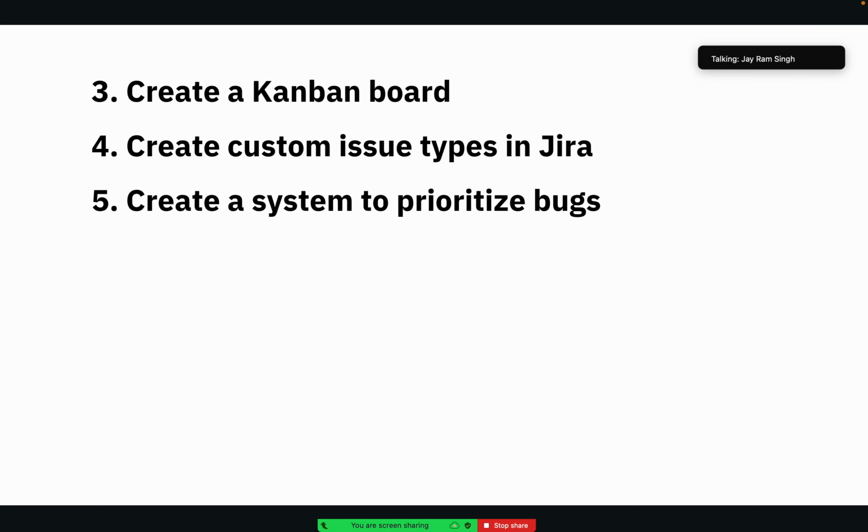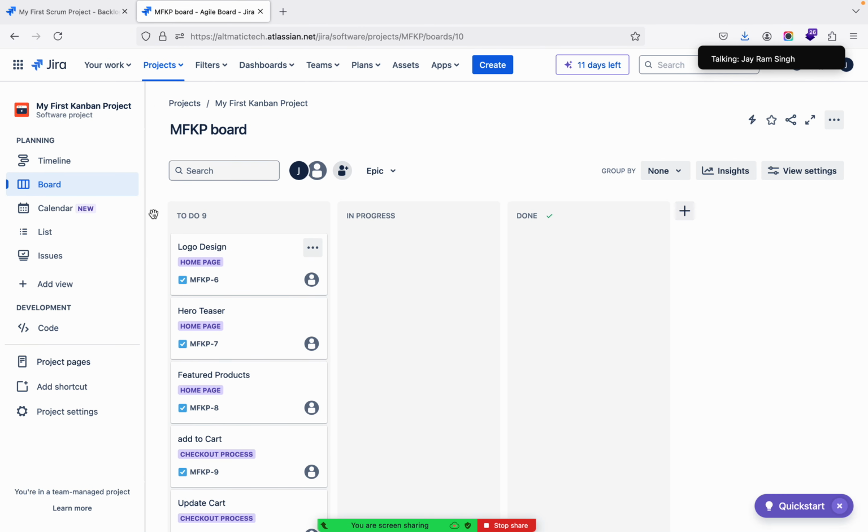Different issue types can be there in the case of defects. So we can create some custom issue types also if we are only dealing with defect tracking, and we can also prioritize the bugs, right? So let us see one example of how we can especially work with defect tracking.